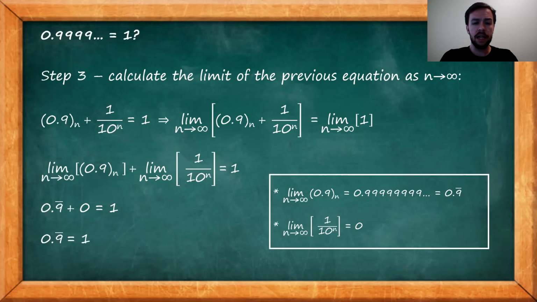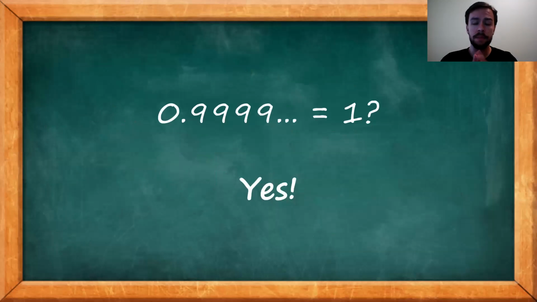So the left-hand side of the equation is just 0.9 repeating plus 0 equals 1. In other words, 0.9 repeating equals 1. Therefore, establishing that the answer to our initial question is yes, 0.9 repeating equals 1.